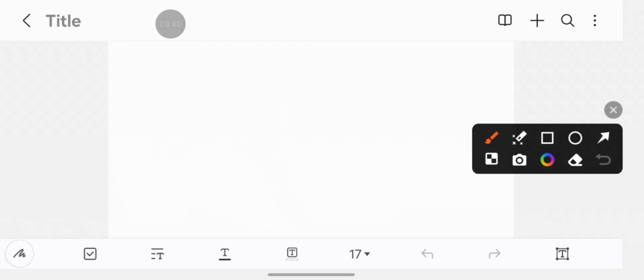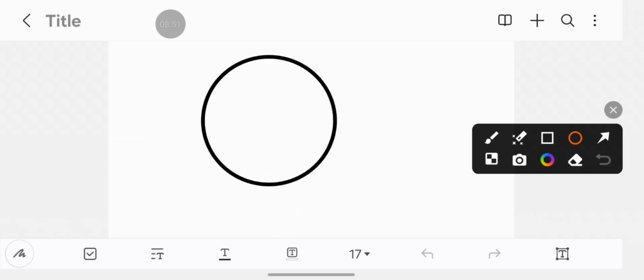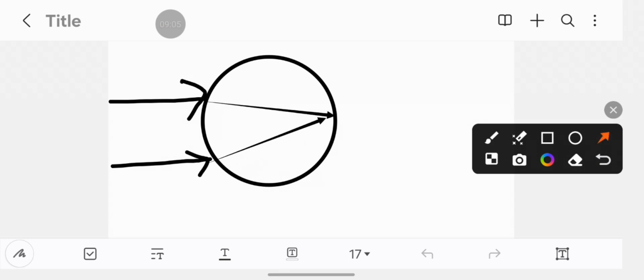Another thing, from the revision perspective: this is the cornea. If light rays after being refracted by the cornea focus on the retina, this is known as emmetropia. If they focus in front of the retina, it is myopia. If they focus behind the retina, it is hypermetropia. Now if one light ray focuses on the retina and another in front of the retina, this is simple myopic astigmatism.